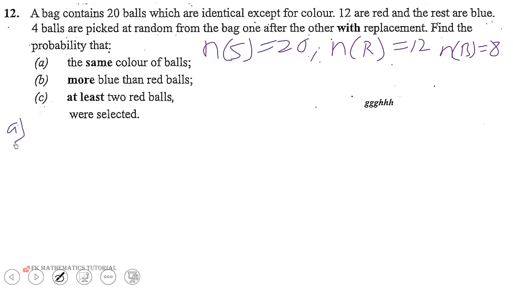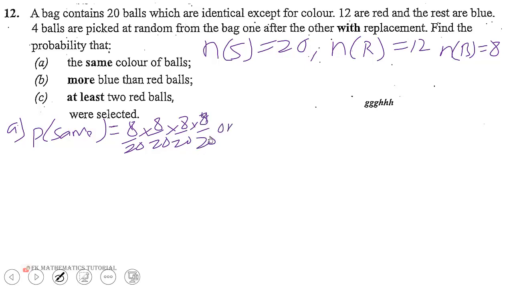So same color of balls, probability of same color will be equal to, we have the first one being blue, which is 8 over 20, and the second one is also blue, 8 over 20, third one blue, then fourth one blue.